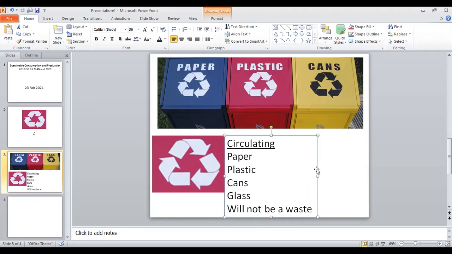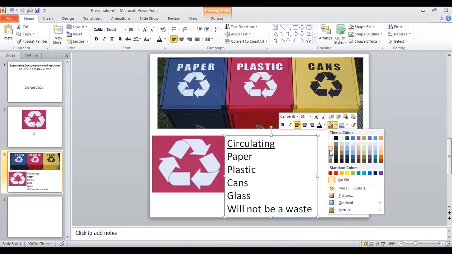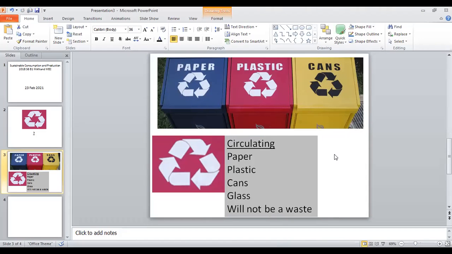So what they are doing, those who collect this, pass this to recycling centers. We call them recycling centers, or recyclers, they collect this.